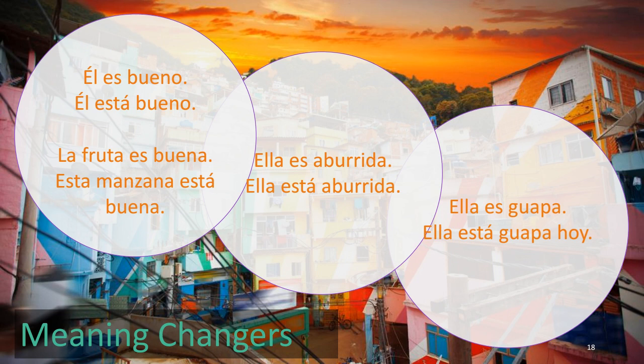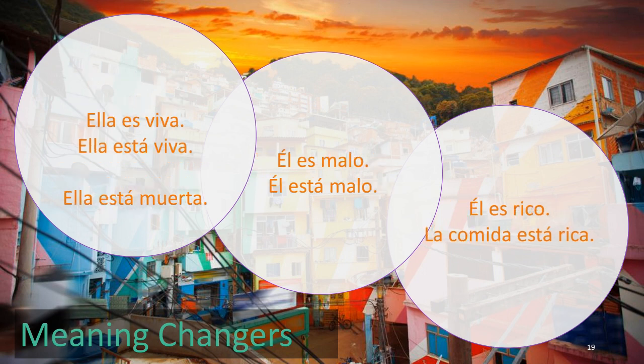But if you just say ella está aburrida, you're saying that she is bored in the moment because of whatever's going on. If you say ella es guapa, you're saying she is pretty, like just in general all the time. And ella está guapa hoy, you're saying that today she specifically looks good because of maybe something she did differently.